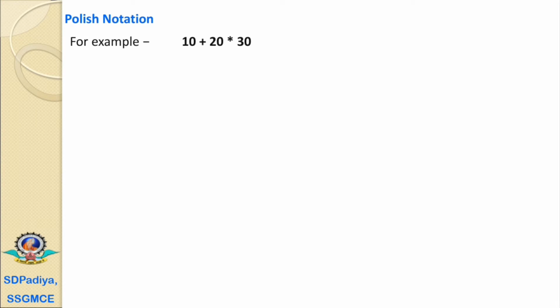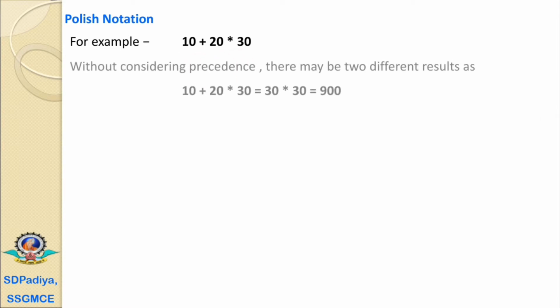We'll discuss one example here: 10 plus 20 into 30. Now in this expression, two different operators are available. Without considering the precedence, there may be two different results. There are two possibilities.